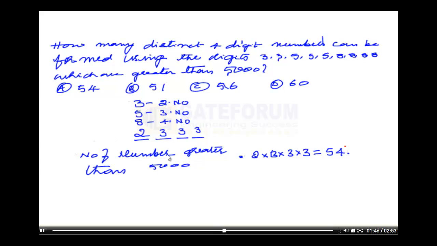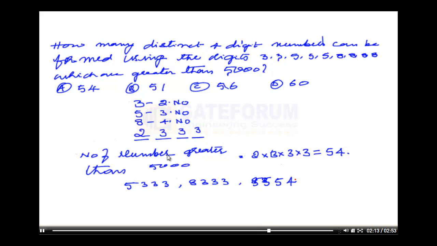But when I take greater than 5000, we also consider numbers like 5333, 8333 and 8555.